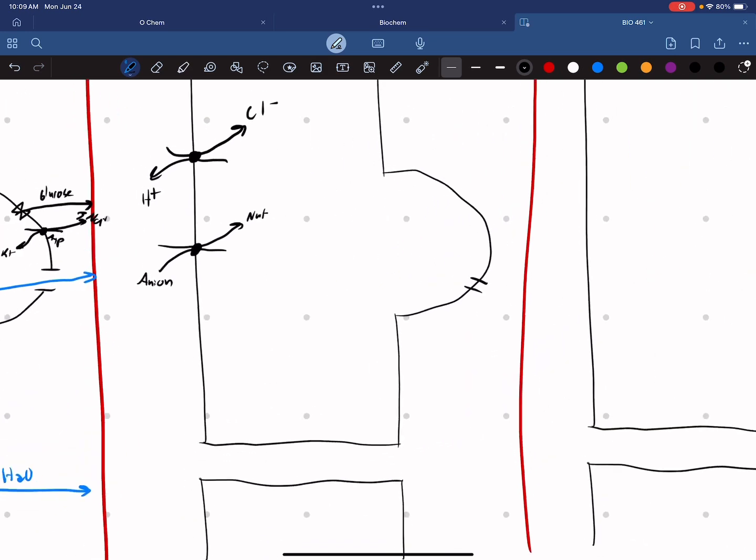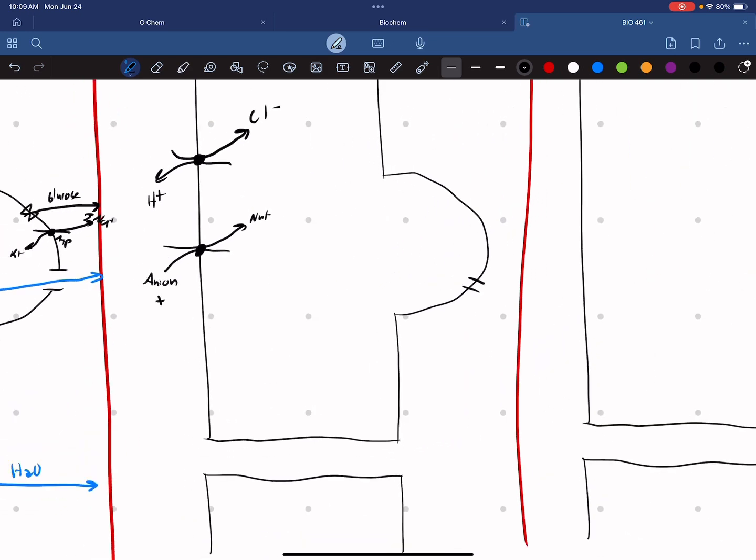So what happens here on the outside of the cell is this anion will combine with this hydrogen atom to come back into the cell like this, and then they will separate again into hydrogen and anion.